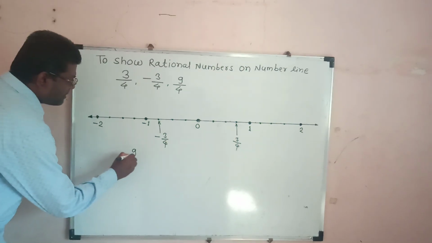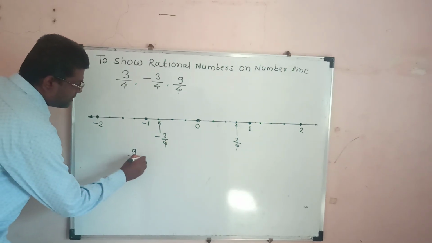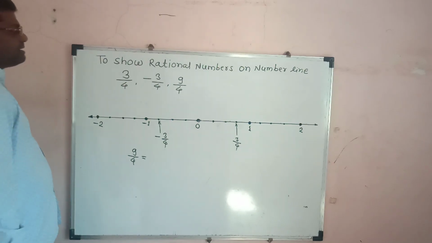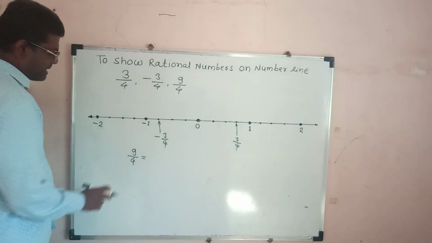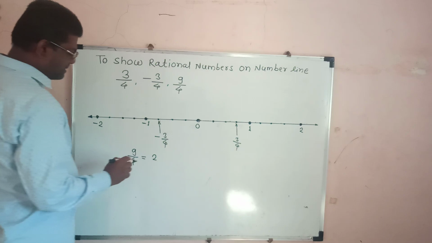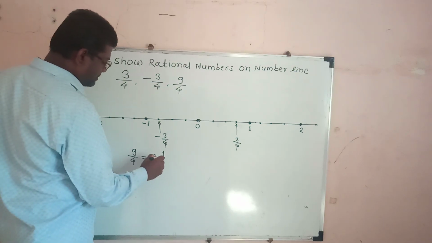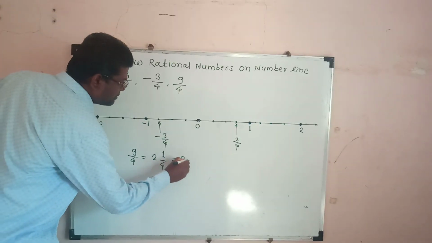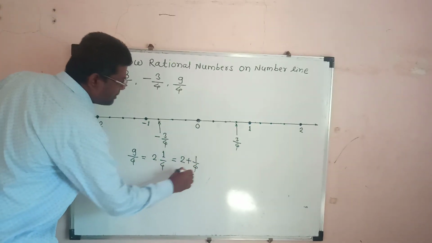Now 9 upon 4. 9 upon 4 is an improper fraction. Therefore, let it be converted into a mixed fraction. So divide 9 by 4. 4 twos are 8, and 9 minus 8 is equal to 1. That is 2 and 1 upon 4. This also can be written as 2 plus 1 upon 4.